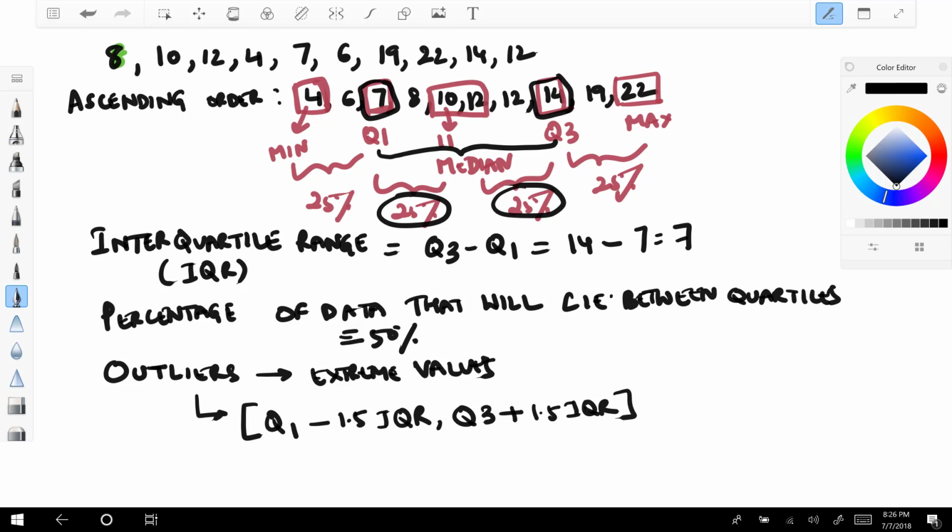So this will give us an interval, and all the values in the data set should lie within this interval. If any value is outside this interval, that is an outlier.